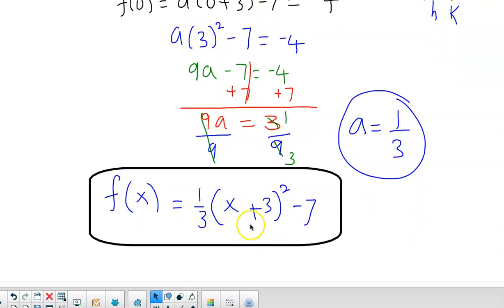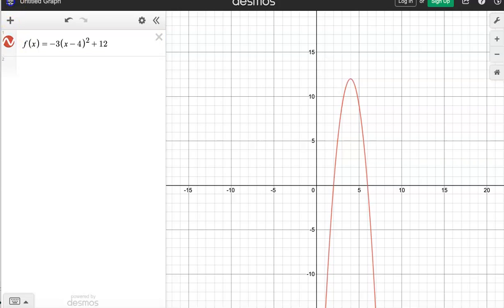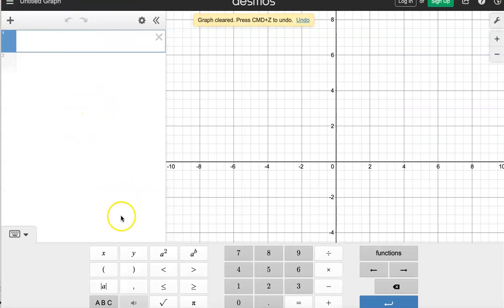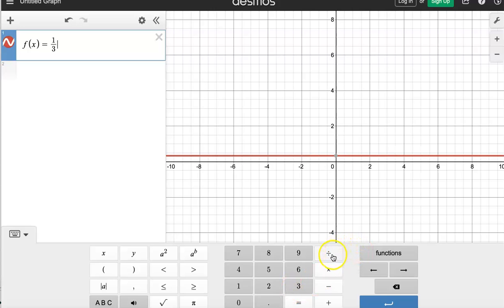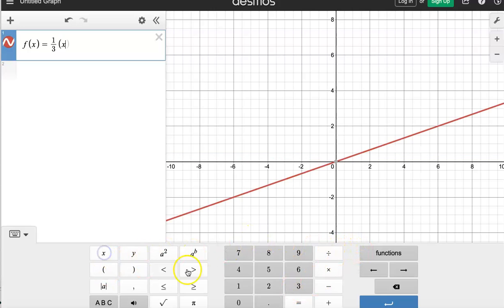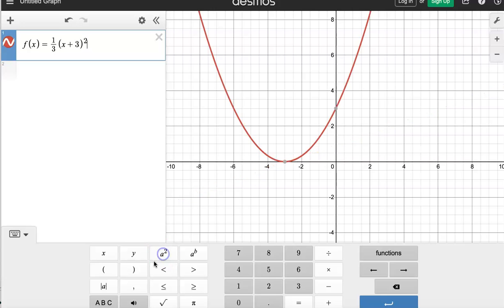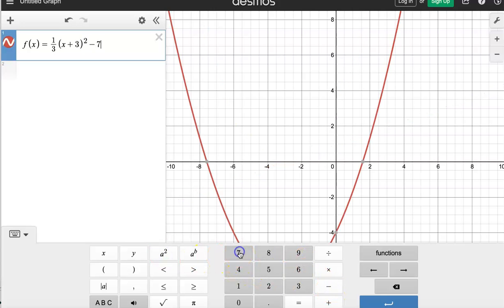Let me go ahead and put it in the Desmos graphing calculator and verify that this is the right function. Let me do a new graph. It is f(x) = 1/3 (x + 3)^2 - 7.